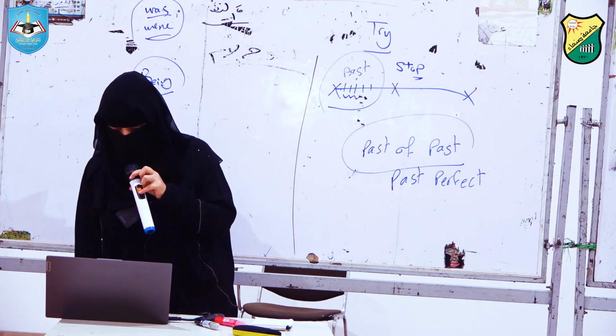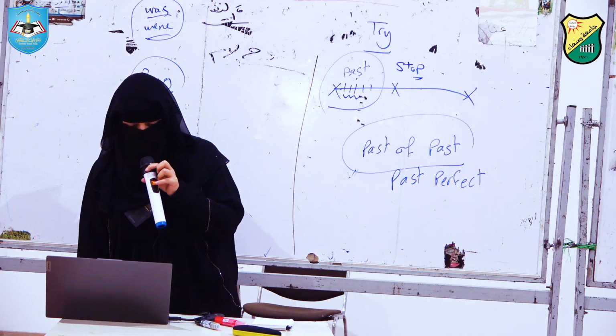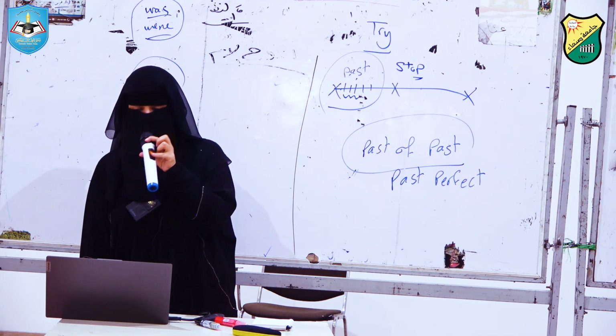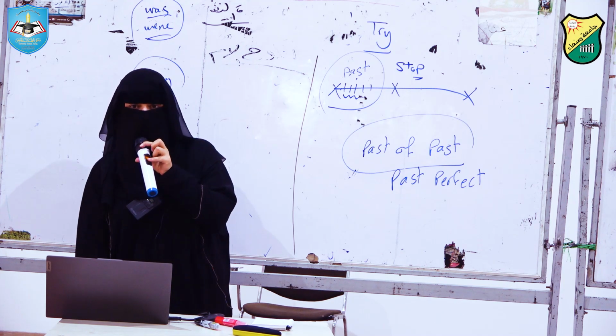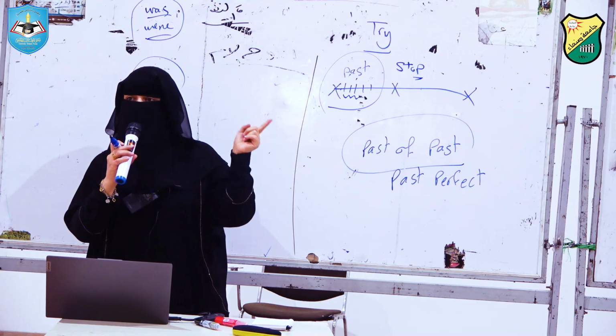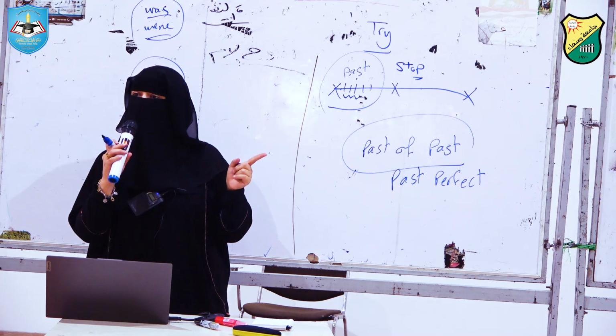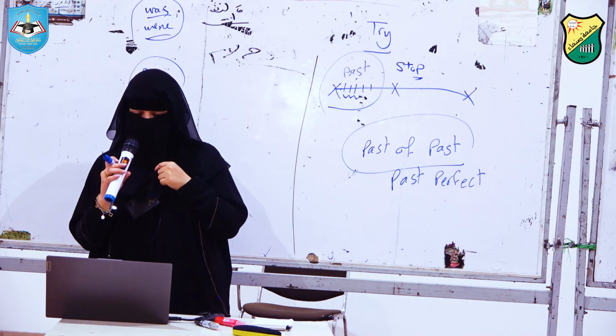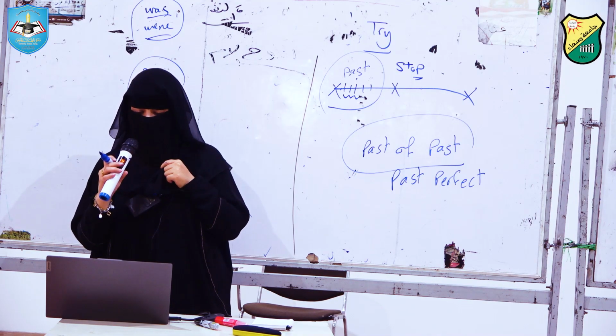Okay. Now, this one, the past perfect, is very important. In the past perfect, as we said here, two actions happen in the past. One of them is before the other. Now, when do we use it?